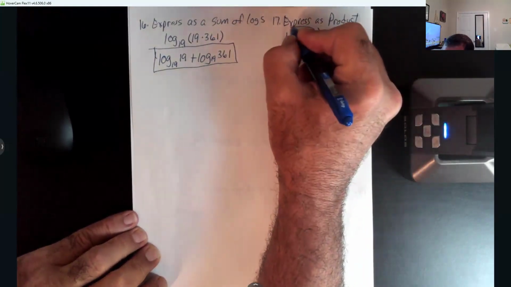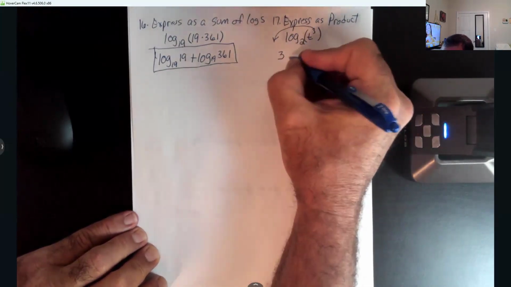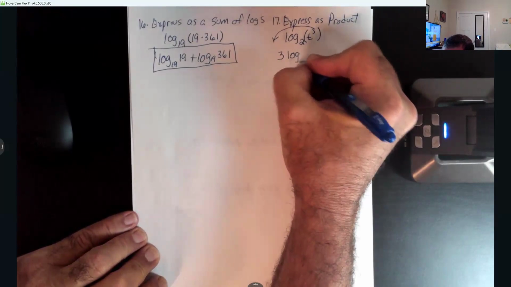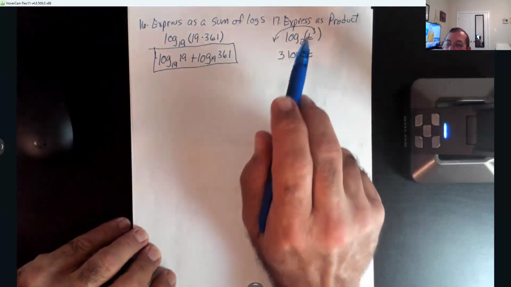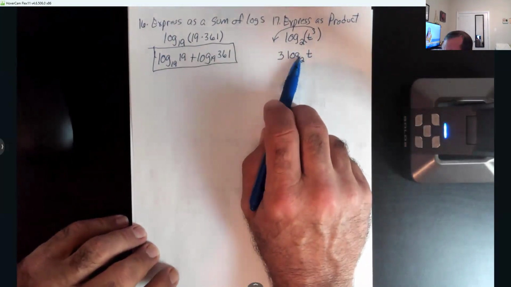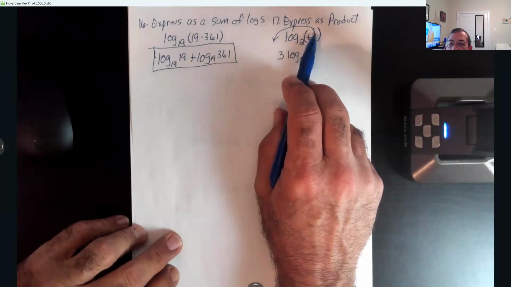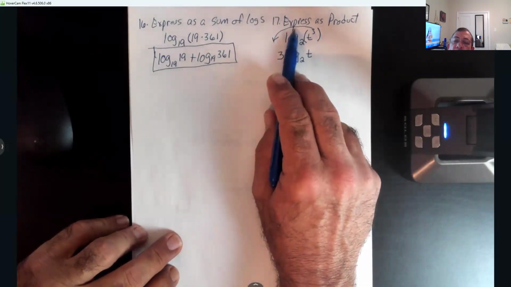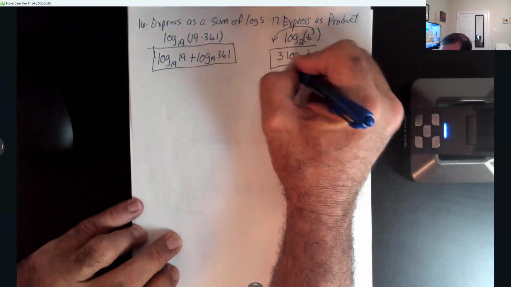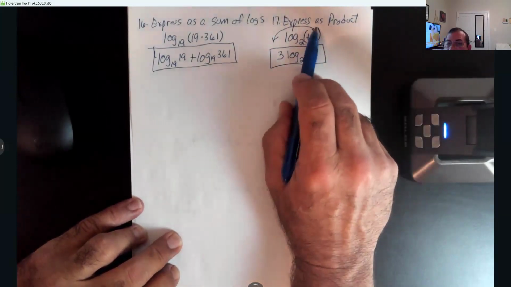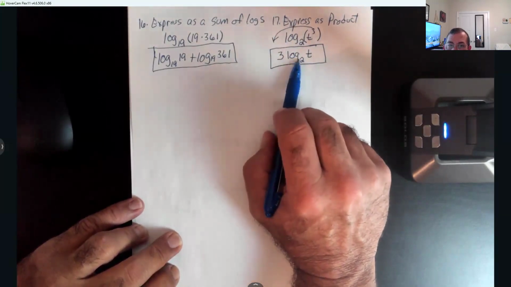So you want to bring the exponent down to the front, which gives you 3, and then multiply times the log base 2 of t. That's one of our main moves that we've been doing in these equations. That's how we can solve when the variables are up here as an exponent. We do the log stuff to them because we want to bring them exponents down so that we can solve for those later. So you're taking it from an exponential type situation and writing it as a product here, okay?